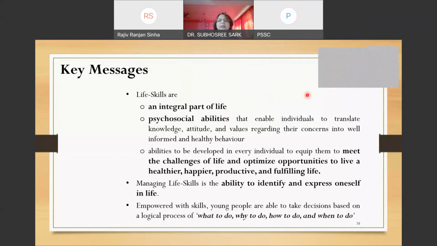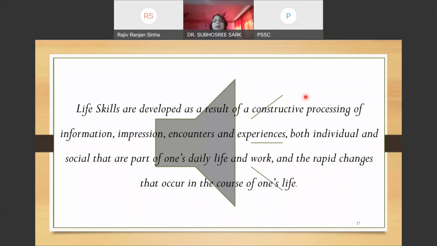So life skills are developed as constructive processing of information. The teacher has to reflect on a real life situation and contents. Whenever possible, experiential learning has to be shared with the students for enhancing teaching of life skills.